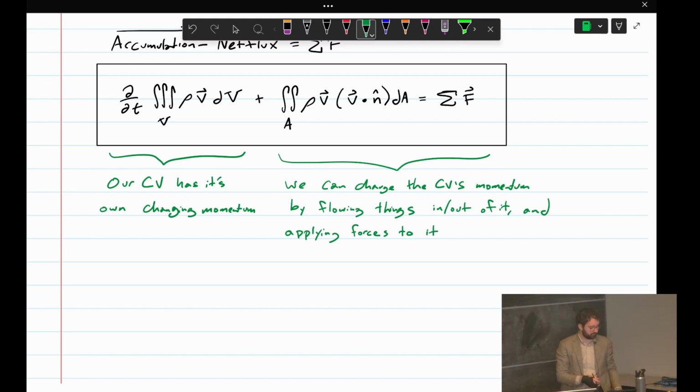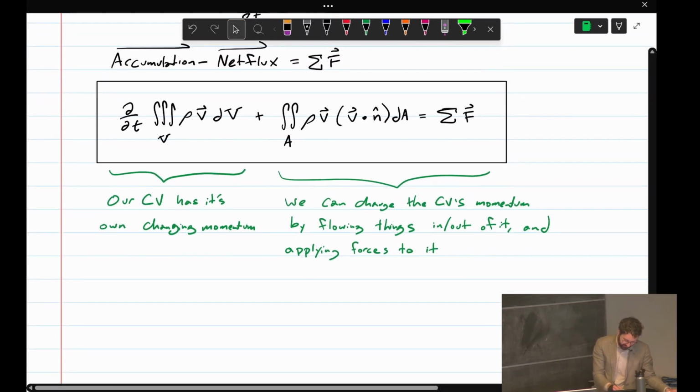So if the momentum of our control volume isn't changing, for example, if it's steady state, that means that the forces that we're applying to our control volume are equal to the momentum change created by flowing things in and out of our control volume.